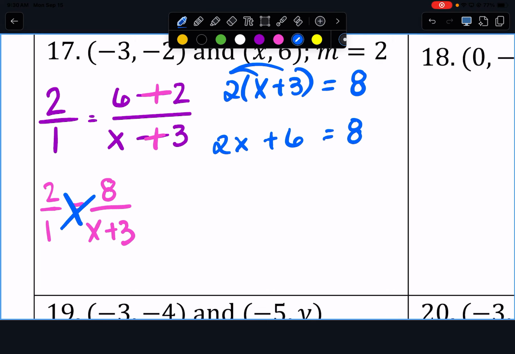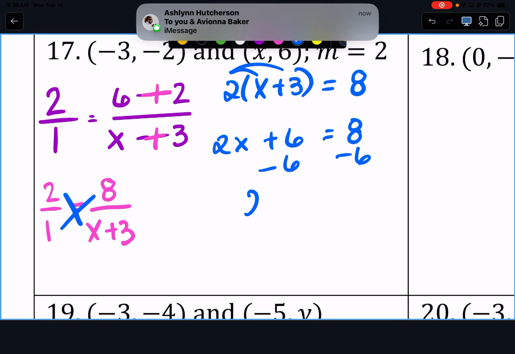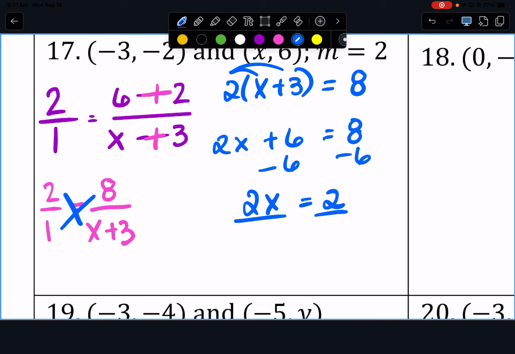Now what? What do I do though? You subtract 6. So I get 2x is equal to, what is 8 minus 6? Then I divide both sides by 2 and get x equals 1.